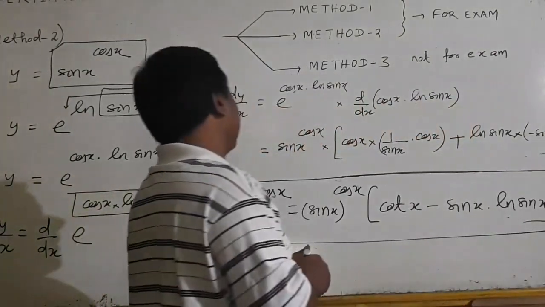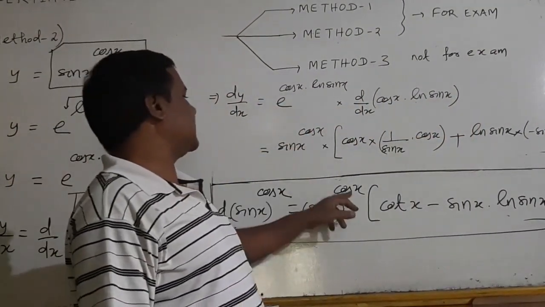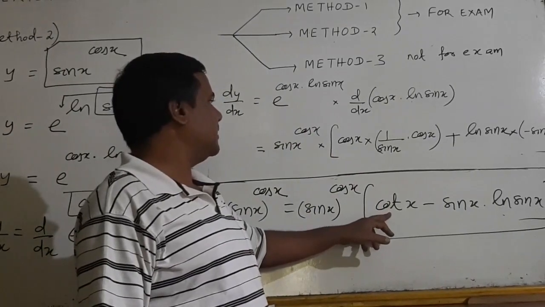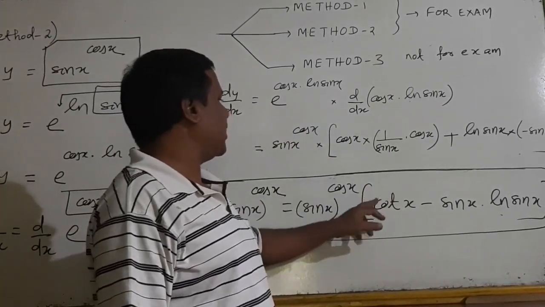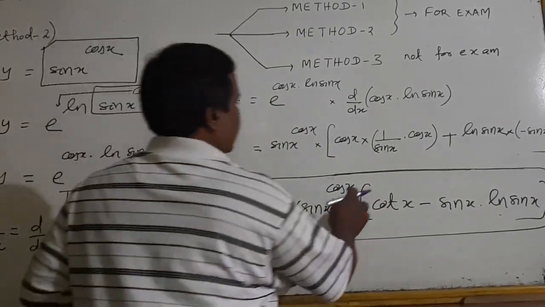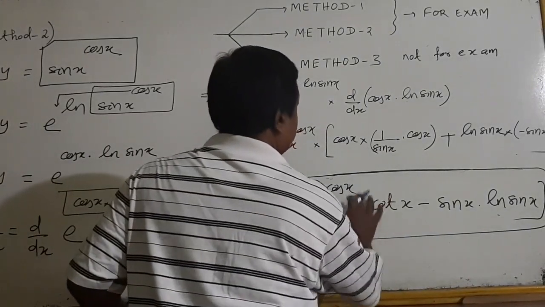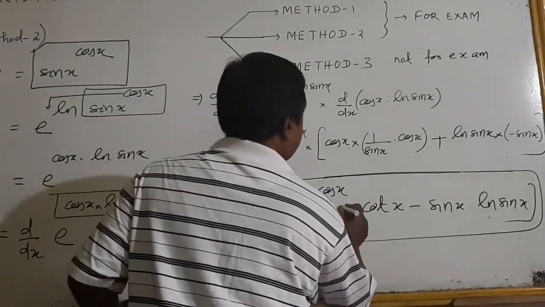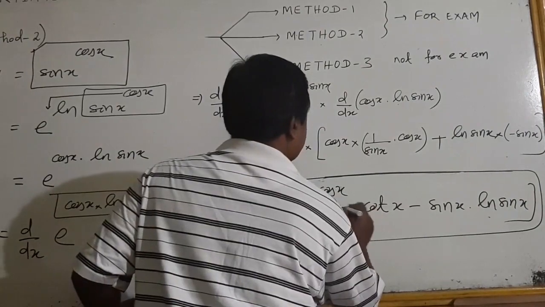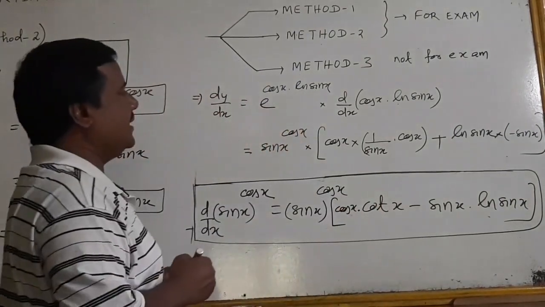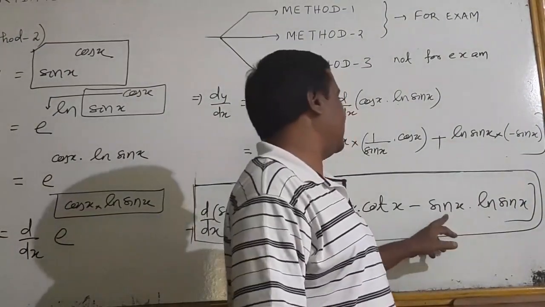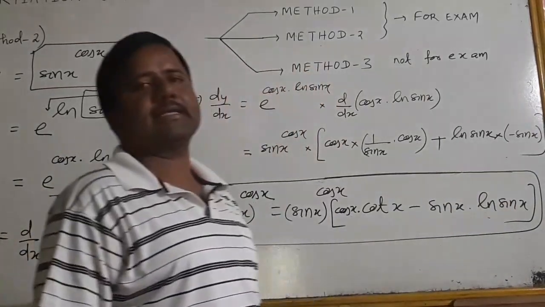The result is sin x to the power cos x into cos x into cot x, minus sin x into ln sin x.